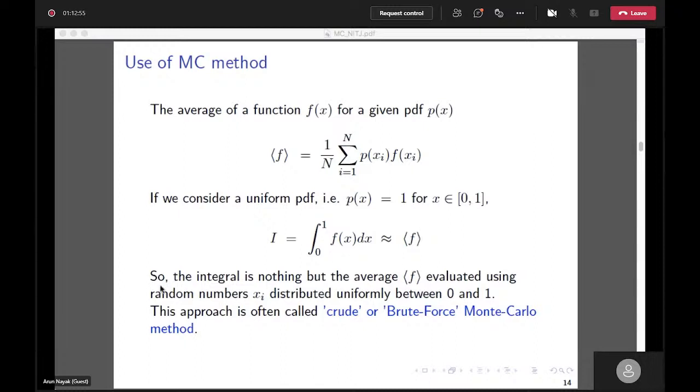Such an approach of doing the integration, generating random numbers between 0 and 1 uniformly, is called the crude integral method, or crude Monte Carlo method, or brute force Monte Carlo method.